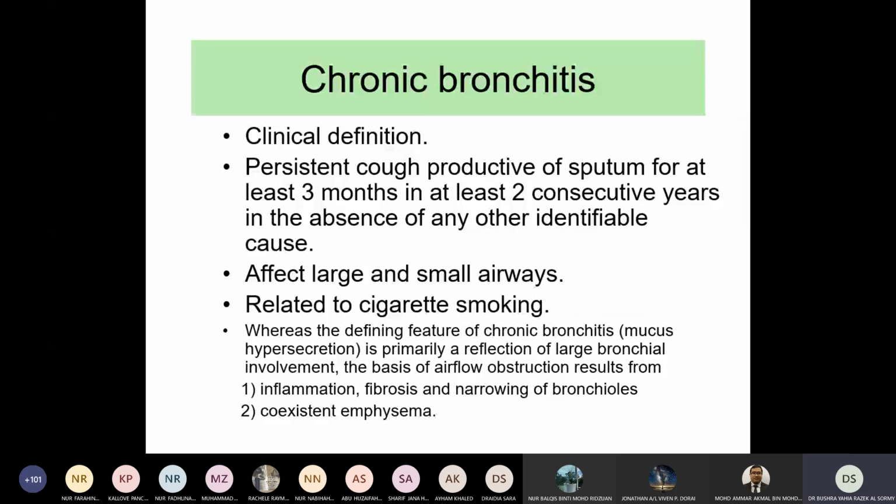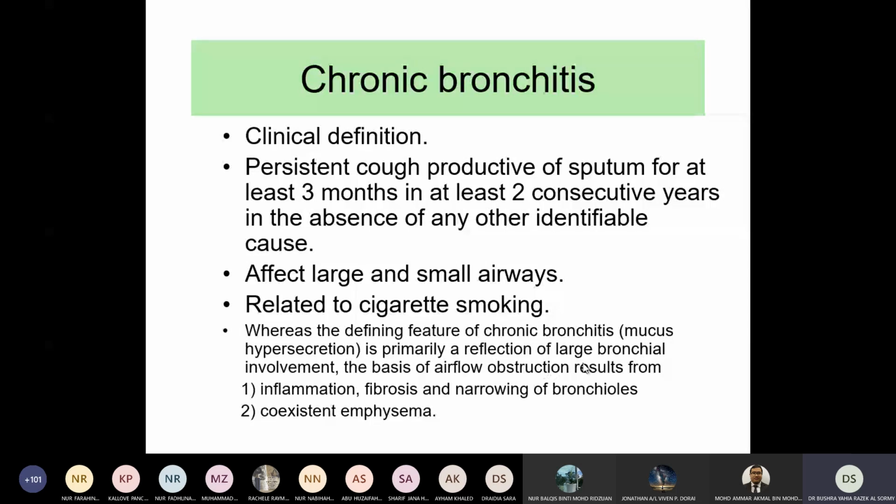For chronic bronchitis, what is the definition? Persistent cough productive of sputum for at least 3 months in at least 2 consecutive years in the absence of any other identifiable cause. It affects large and small airways and is related to cigarette smoking. Mucus hypersecretion is the primary reflection of large bronchial involvement.